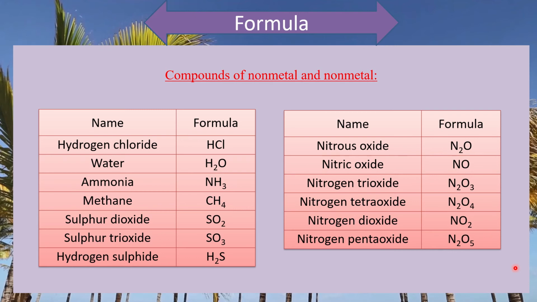Nitric oxide: here the valency of nitrogen is 2, so the formula is NO. Nitrogen trioxide: here the valency of nitrogen is 3, so the formula is N2O3. Nitrogen tetraoxide, dear students, look, in chemistry these terms will come: di, tri, tetra, penta, hexa.